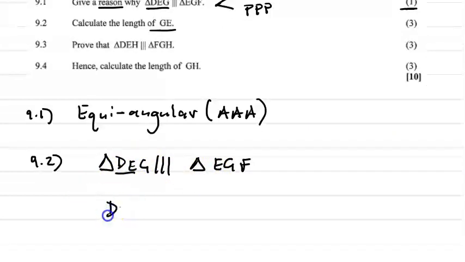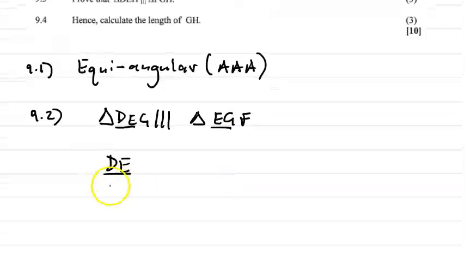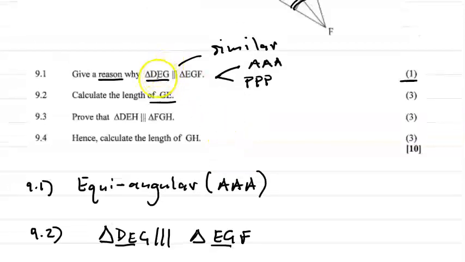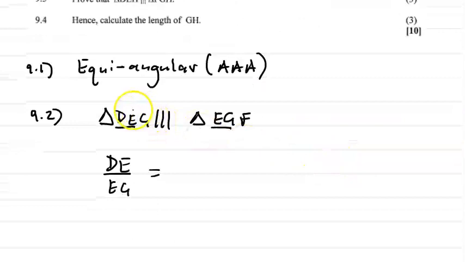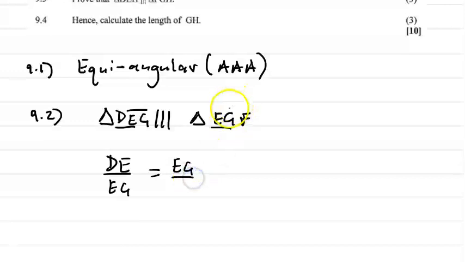So we'll say DE all over EG. Remember, first two letters over first two letters, because the triangles were named with their angles in that particular order. Then it'll be the next two letters, which is EG all over GF. Then remember, first and last letters over the first and last letters. So DG all over EF.